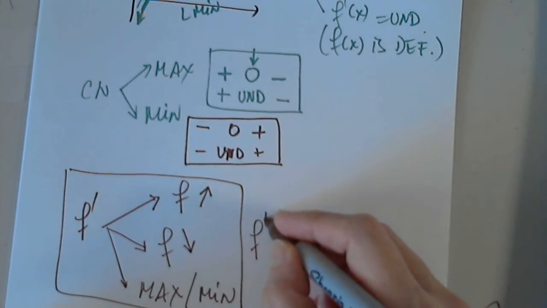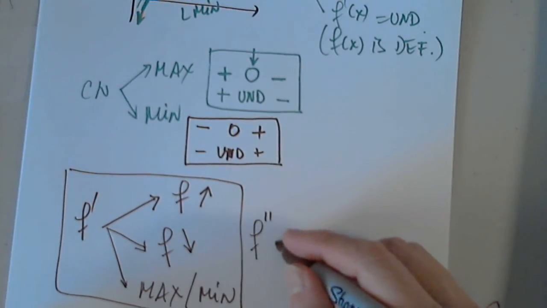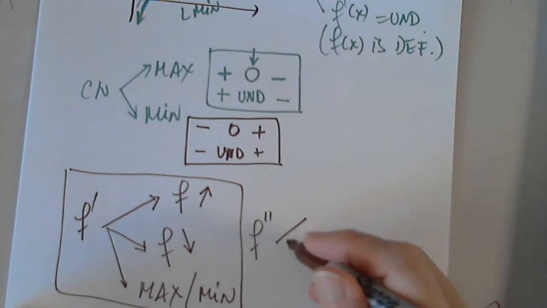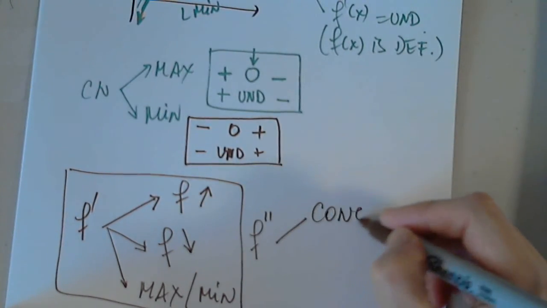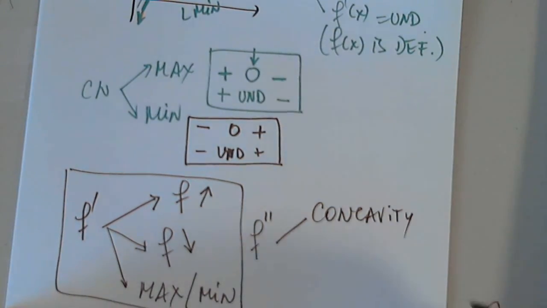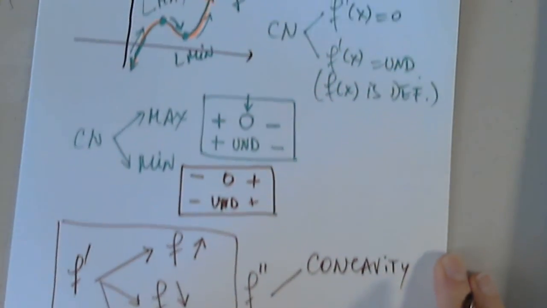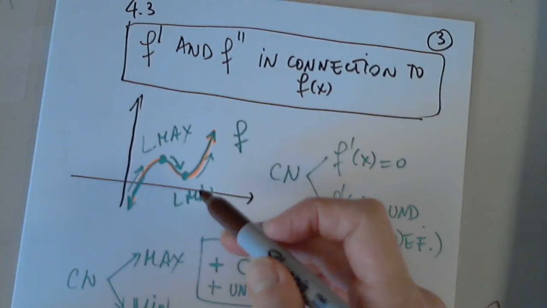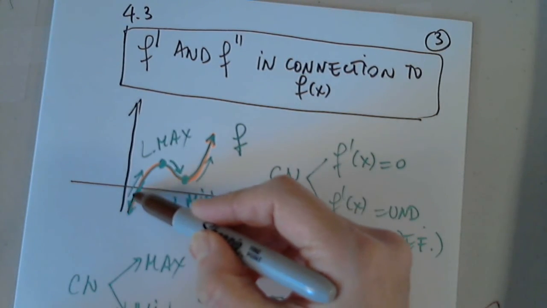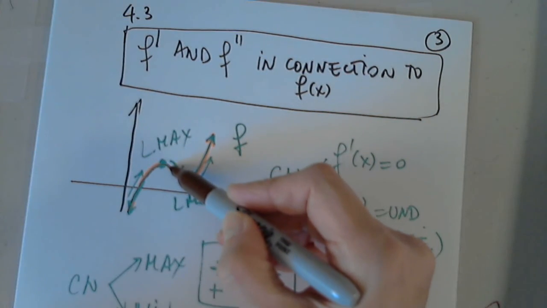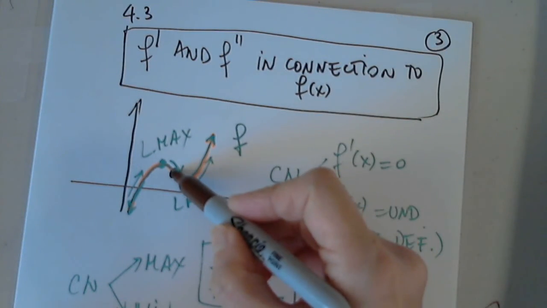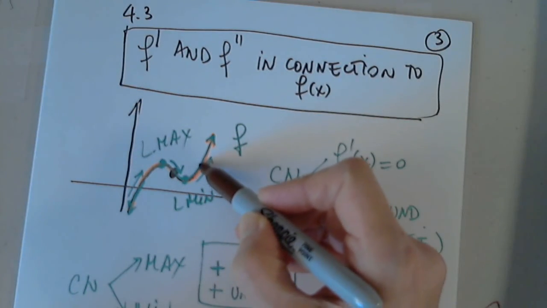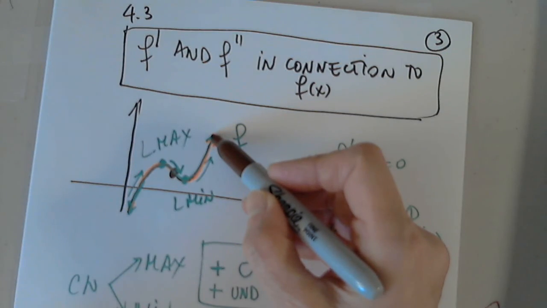Now, what do we learn from the second derivative? From the second derivative, we learn something called concavity. What does that mean? Let's come back to our example here. This function opens downward till a certain point, and then all of a sudden it changes concavity and starts opening up.